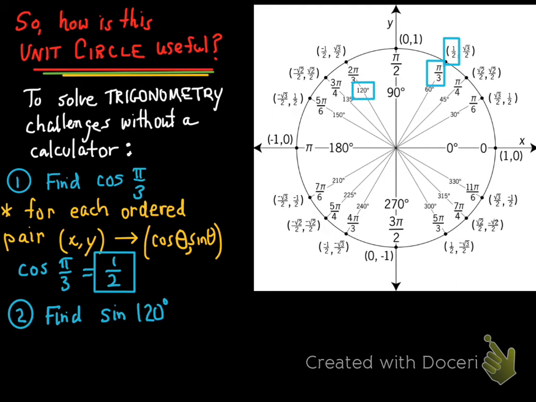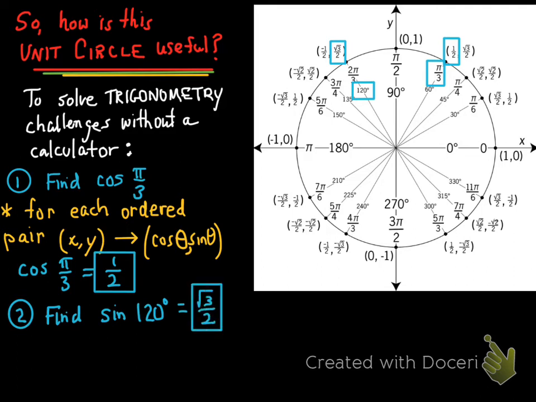Now I ask myself, do I want to steal the x coordinate or the y coordinate here? Well, you know as well as I do, when I go cosine sine, x and y, x comes before y, and cosine comes before sine. The sine is the y coordinate. So at that 120 degrees, I'm going to steal the y coordinate there. It's equal to root 3 over 2.